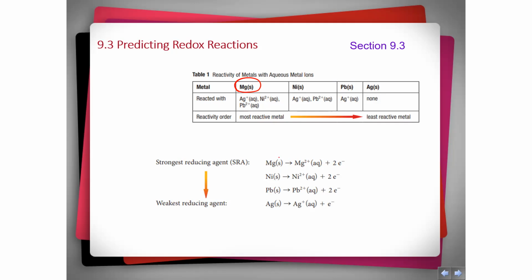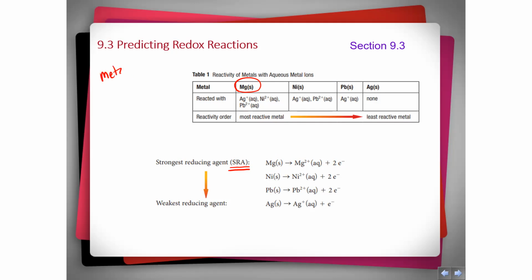This was what we call the strongest reducing agent. Remember, a reducing agent causes something to get oxidized. In this case, the magnesium, because it lost electrons, got oxidized, since losing electrons is an oxidation. That makes it a reducing agent.